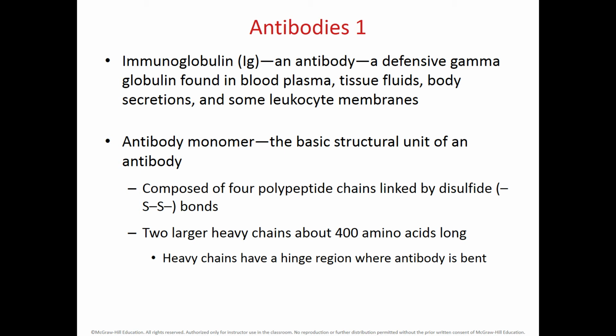They are not only found in the blood plasma, but also in the tissue fluids after you secrete them from the circulatory system into the tissue fluids. They can also be found in body secretions like breast milk. In our tears we have IgA. In breast milk we also have IgA. We have IgA in the secretions of the intestines. In males, IgA can be found in semen.